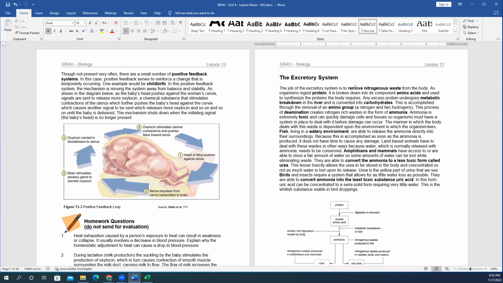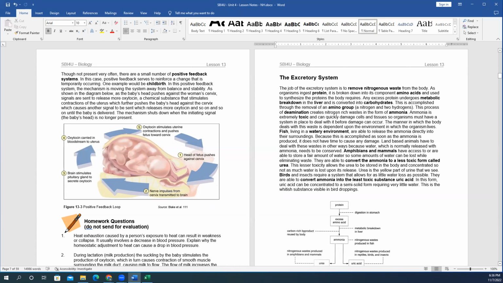But any excess protein that we have then undergoes breakdown, a metabolic breakdown in our liver, and gets converted to carbohydrates. When this conversion happens, this happens through the removal of that amino group from the proteins, from the amino acids, when they are being converted to carbohydrates.